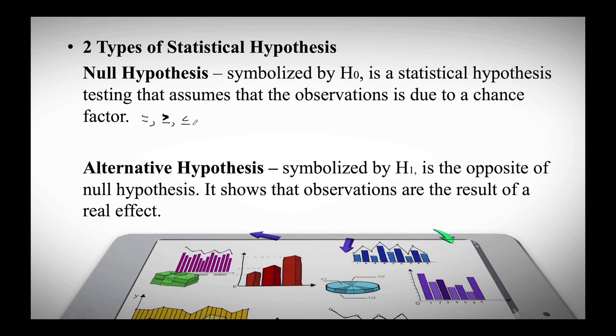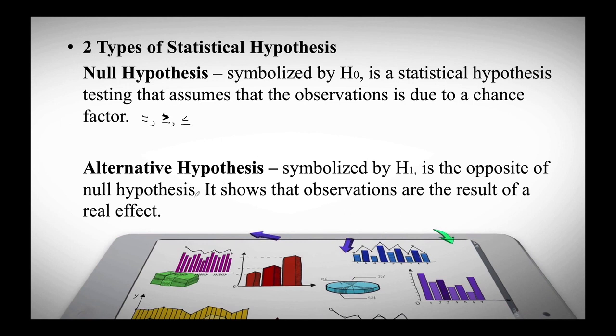For alternative hypothesis, this is symbolized by H sub 1, wherein the alternative hypothesis is the opposite of the null hypothesis. Therefore, it shows that observations are the result of a real effect.